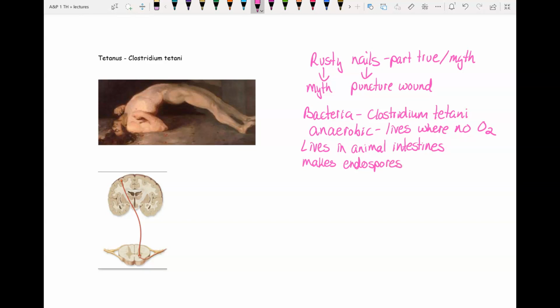An endospore is a tough, resistant form of the bacteria. And these endospores are in the feces. And then because animals poop outside on the ground, those endospores get in the soil. So basically, there are tetanus spores in the soil.